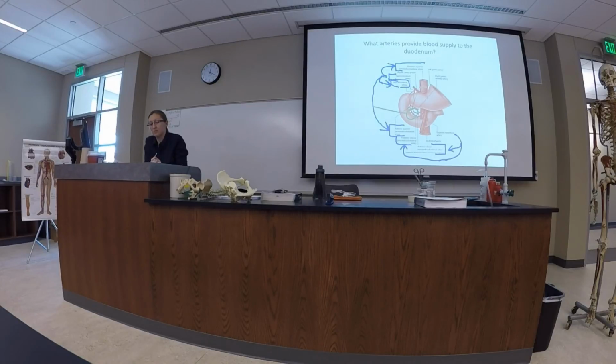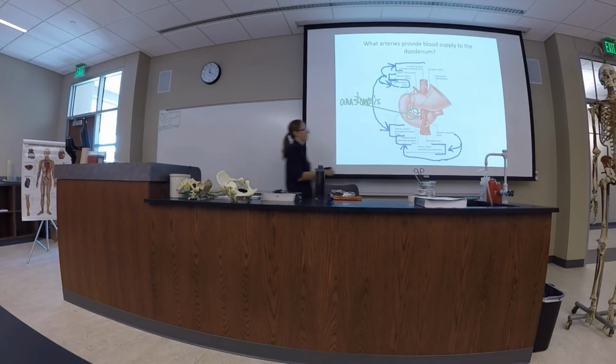So they anastomose, to make sure that if one of those larger vessels gets blocked, you can still get arterial supply to the duodenum. And the superior mesenteric artery is one that can very commonly be blocked with atherosclerotic disease, so atherosclerosis plaques.